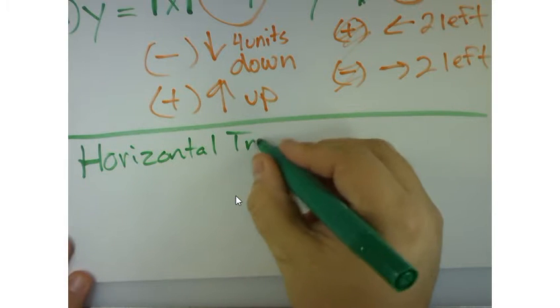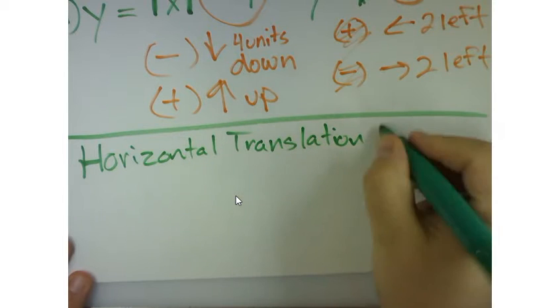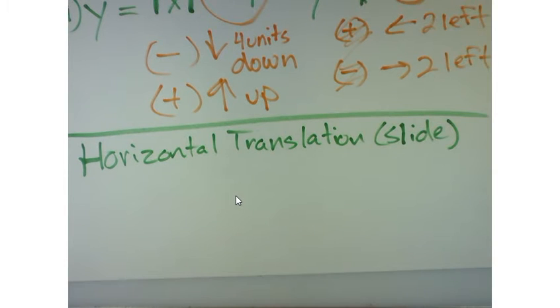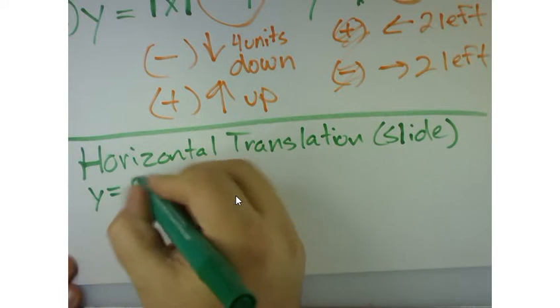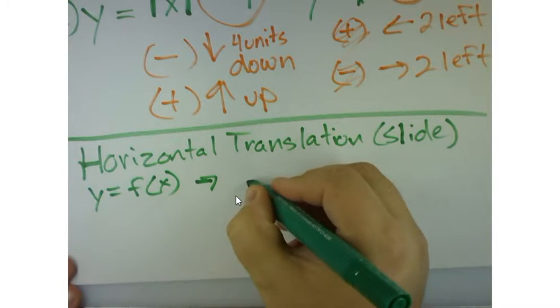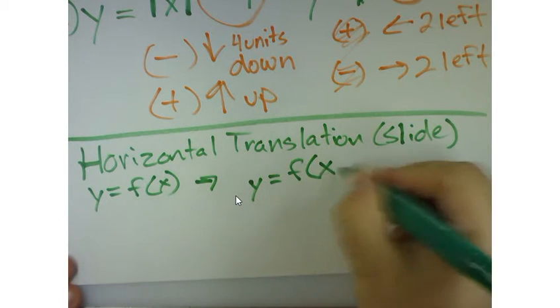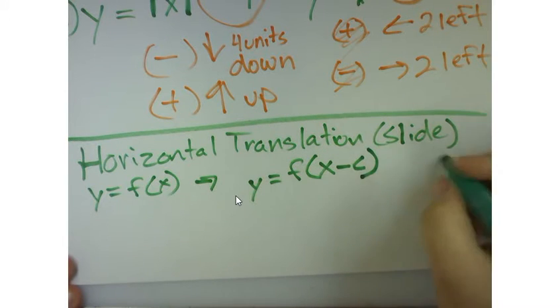Do you guys remember what translation means from geometry? It means we just slide the function. If we start with y equals f of x, and I say y equals f of x minus c, then it's going to go c units to the right.